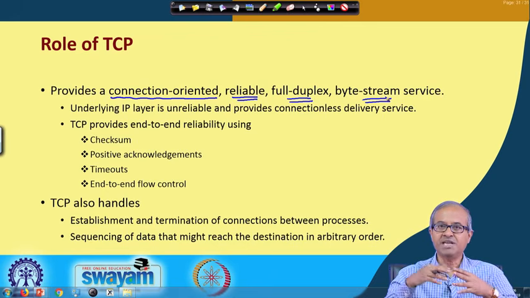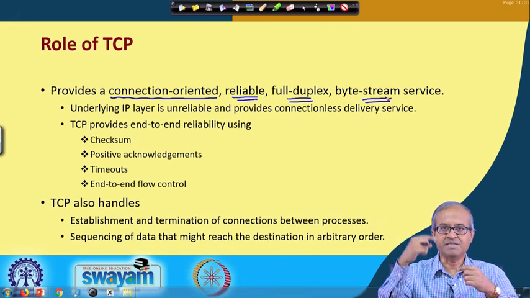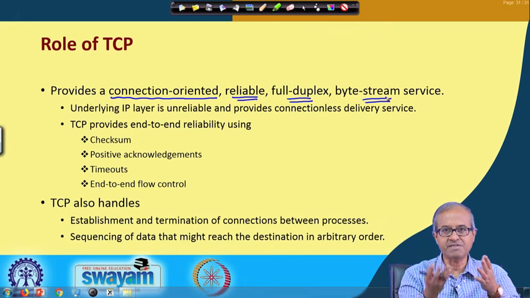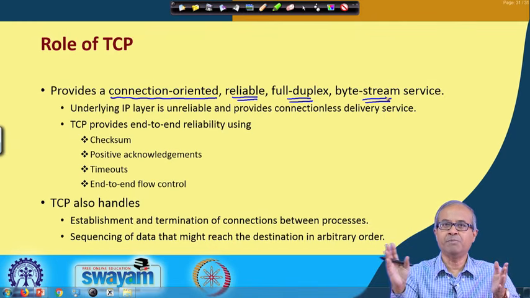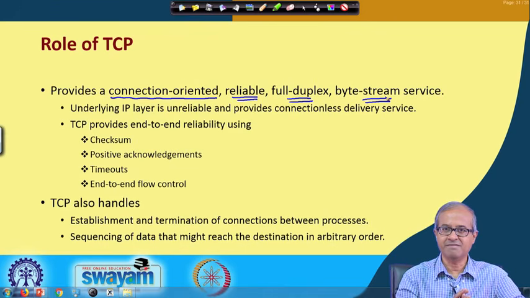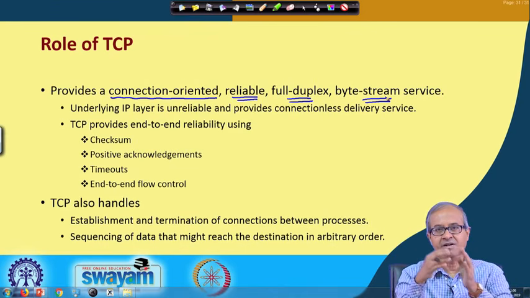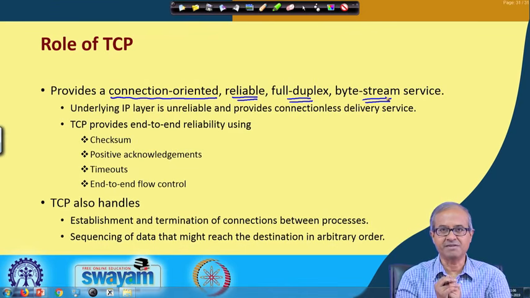How many bytes I have already sent, how many bytes I have not yet sent, and similarly the receiver sometimes sends back an acknowledgement. It says that well, I have received all bytes up to byte number 1050, you can now send me the bytes after that, something like that. Okay.